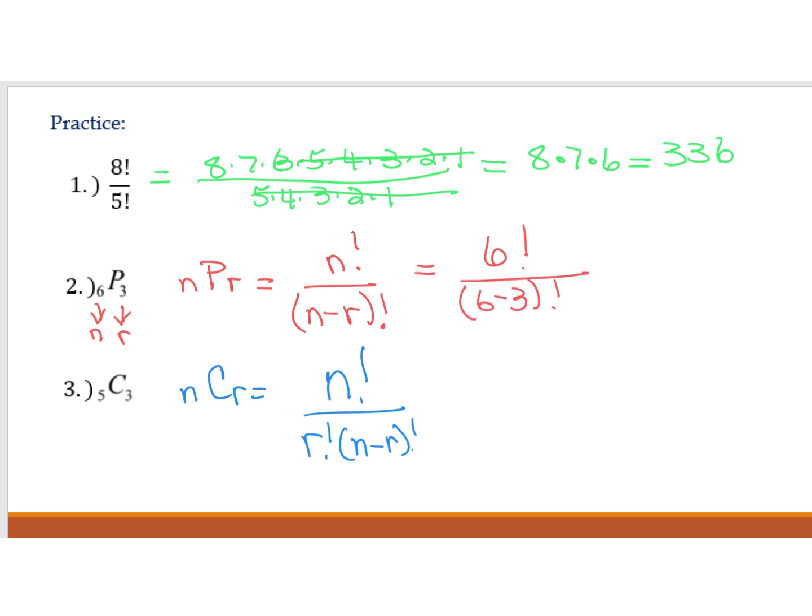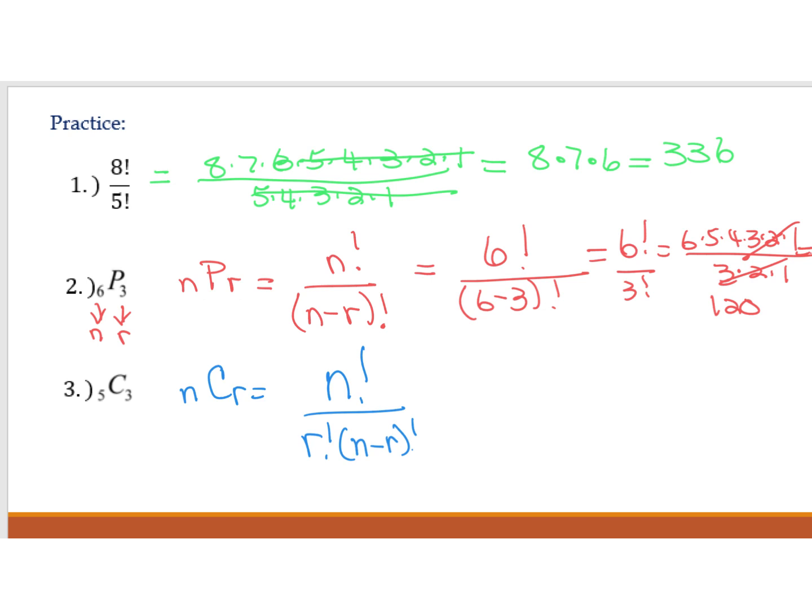When I replace the values of n and r, I get 6 factorial over 6 minus 3 factorial, which is going to be 6 factorial divided by 3 factorial, and that becomes 6 times 5 times 4 times 3 times 2 times 1 divided by 3 times 2 times 1. The 3 times 2 times 1's cancel out, and I get an answer of 120.